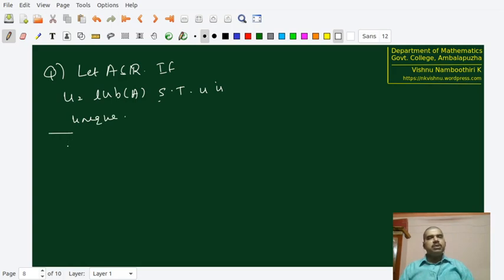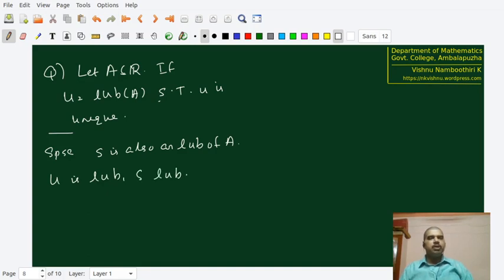We are going to use the same method that we were using in some of our previous classes to show that something is unique. What we usually do is we will assume that there is one more if possible, and we will finally conclude that these two things are actually the same. Suppose S is also an LUB of A. So U is already an LUB.